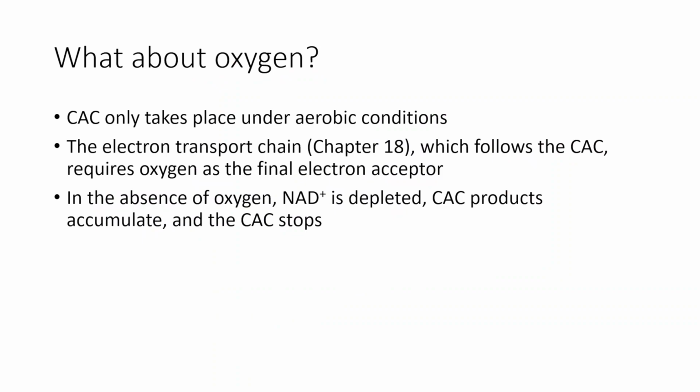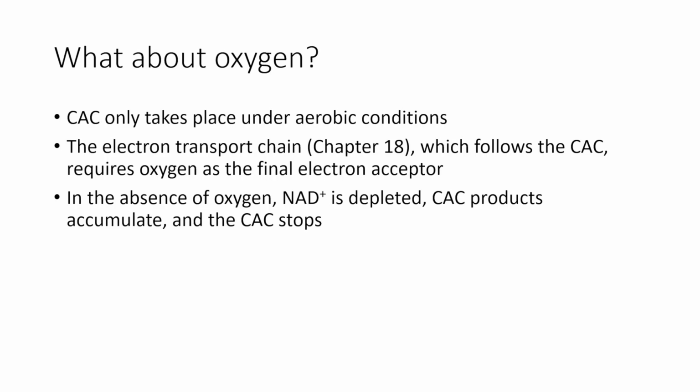So now you might be aware that the citric acid cycle only takes place under aerobic conditions. We also just talked about all the different steps and all the different reagents and components that go into the citric acid cycle, and none of them are oxygen. So why is it that the citric acid cycle only occurs under aerobic conditions?